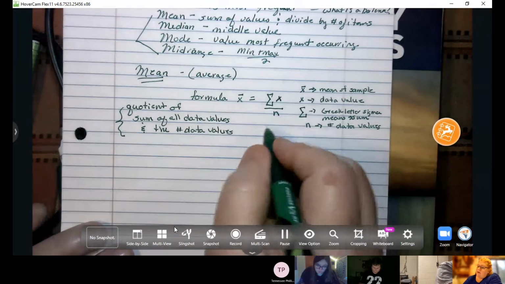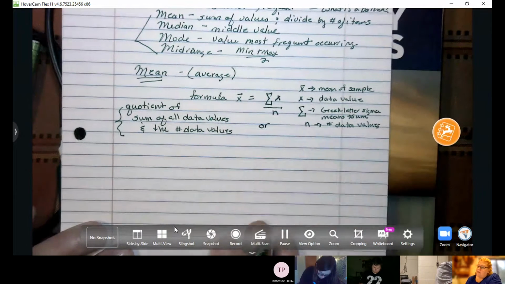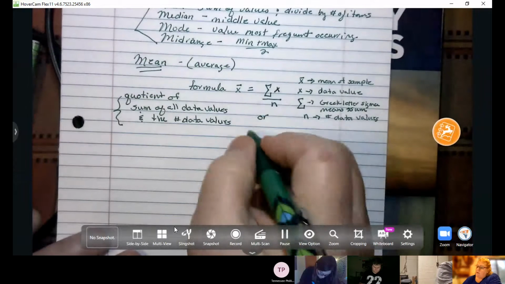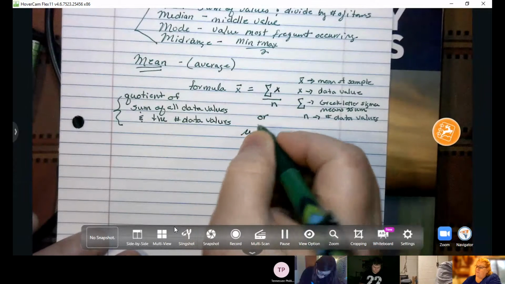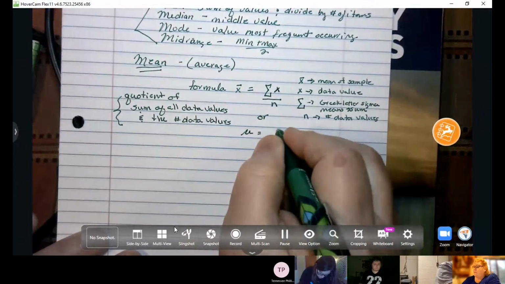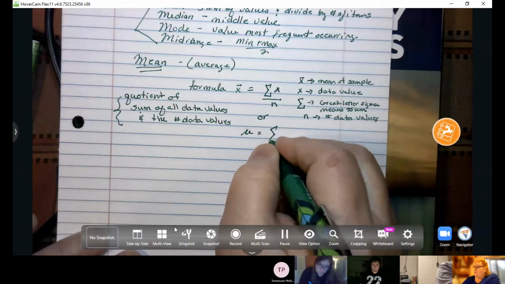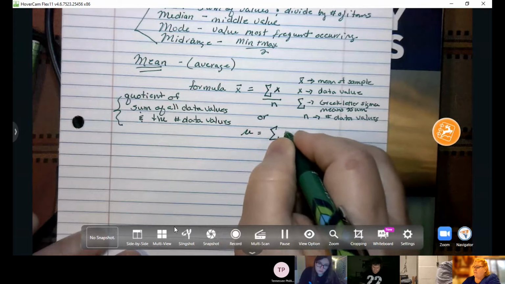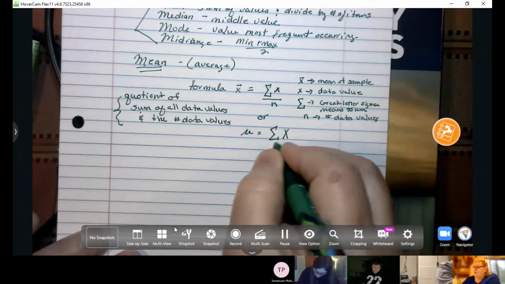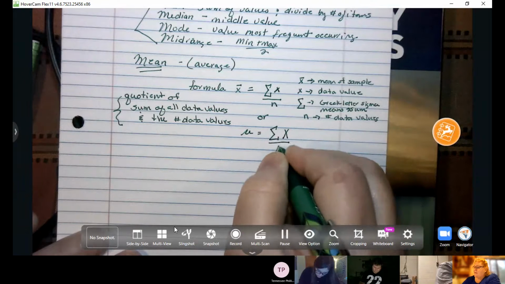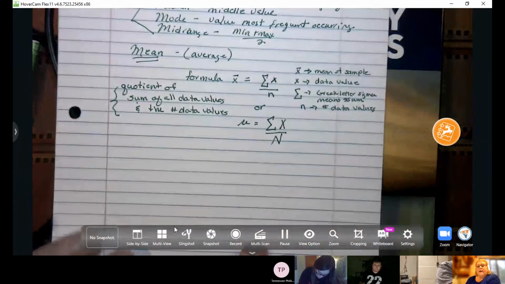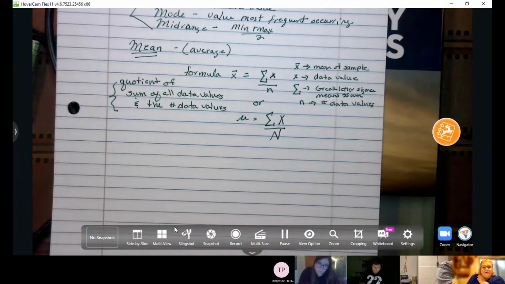Now, there is also another formula that you're going to see that's going to look like this. It doesn't look a great deal different. It's got a few different symbols.